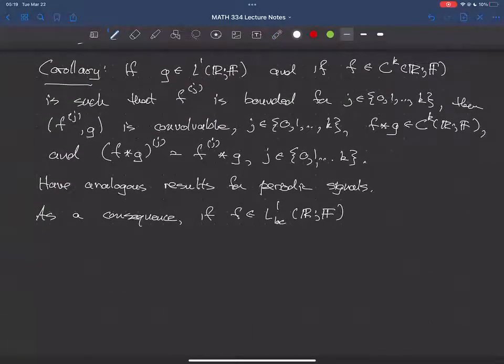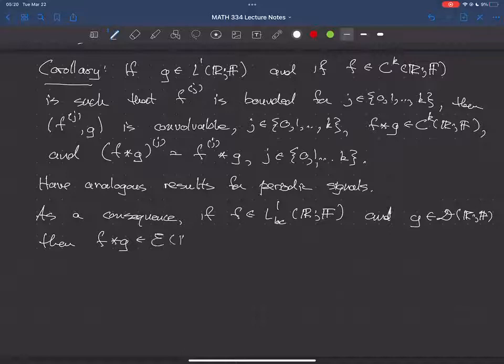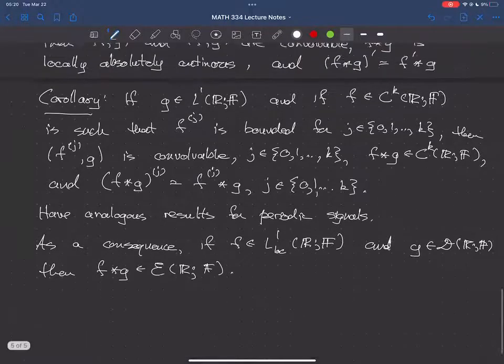I'm going to take f in L1 loc, and g here, I'm going to take to be in this space. Then f star g is in E, this space of test signals E, which remember was just C infinity, instead of all infinitely differentiable signals.